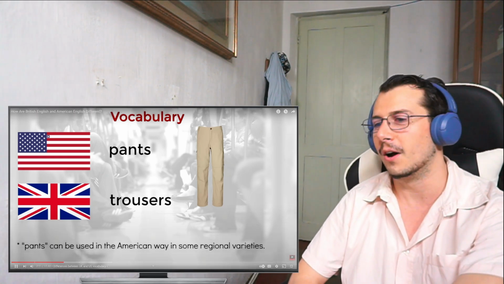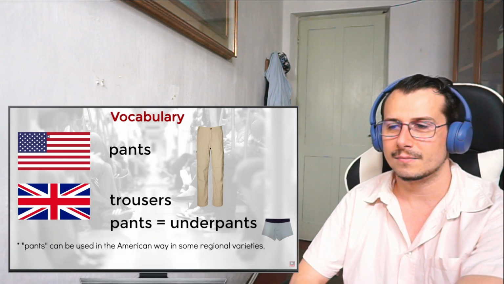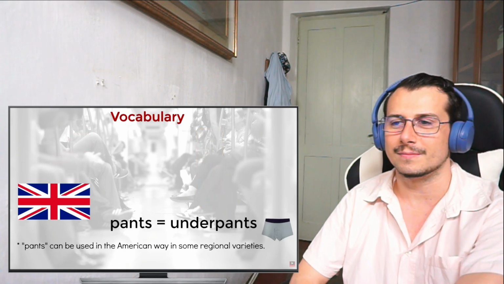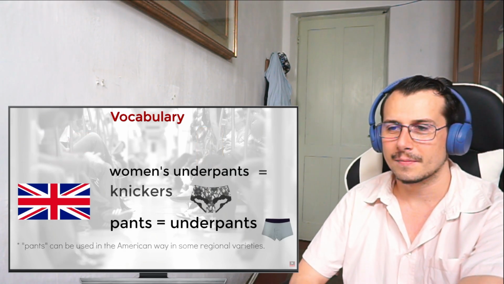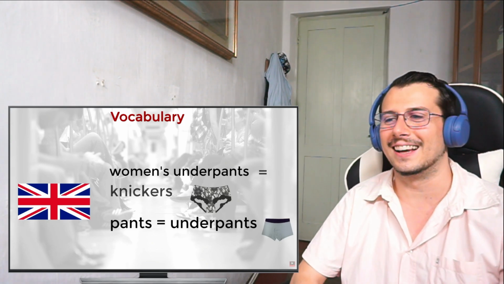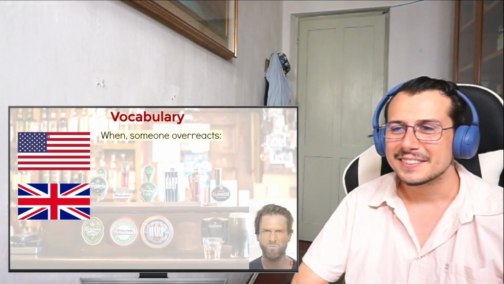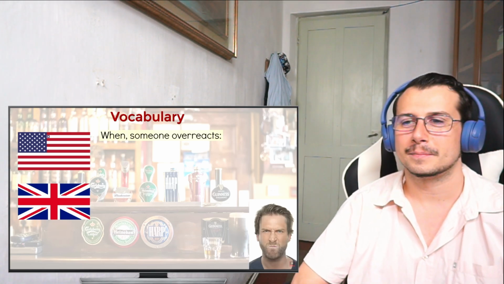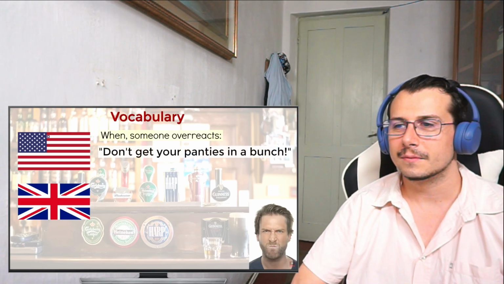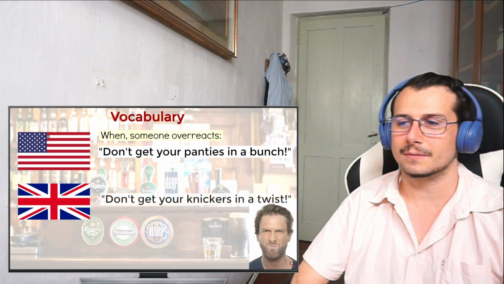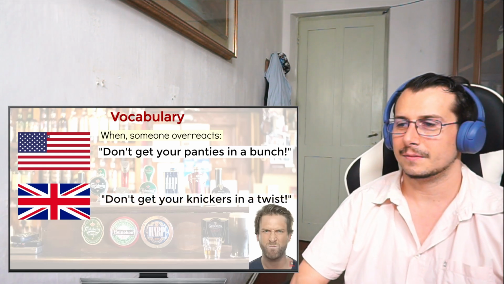But in the UK, you'd better wear some trousers too, because pants means underpants. And specifically, women's underpants are sometimes referred to as knickers in the UK. So when someone overreacts to something, in the US, you might say, don't get your panties in a bunch. But in the UK, you would say, don't get your knickers in a twist.